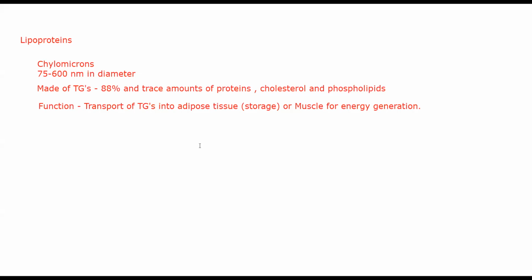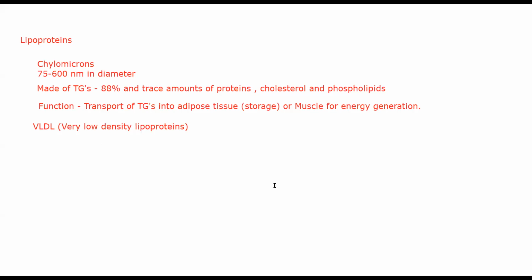Now coming to the next type, which is very low density, VLDL, as they call it. So these are very low density lipoproteins. These lipoproteins are considerably large. They will be around 30 to 80 nanometers in diameter, depending on the amount of triglyceride present in them.